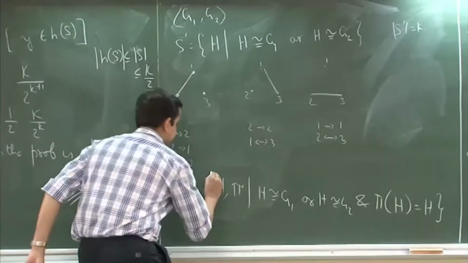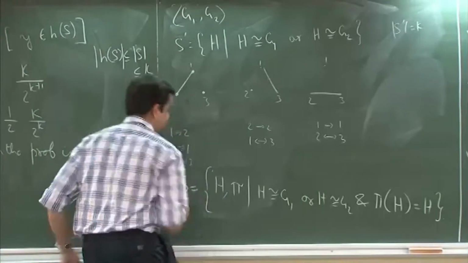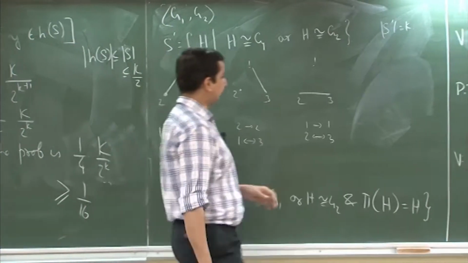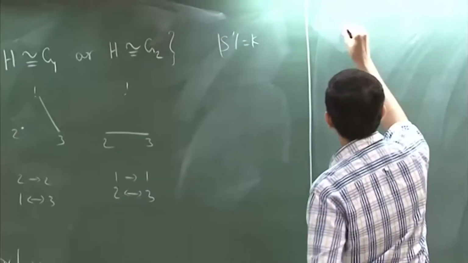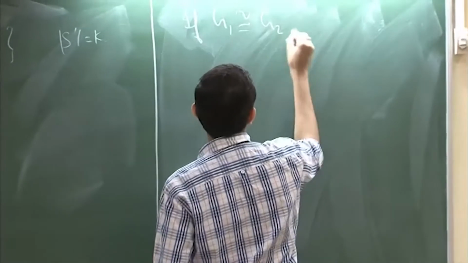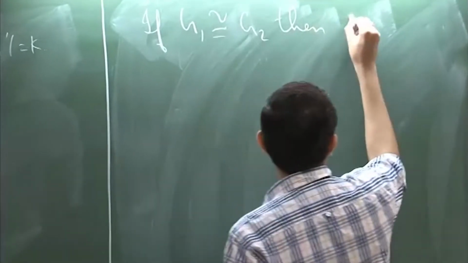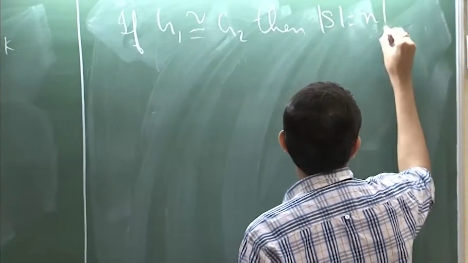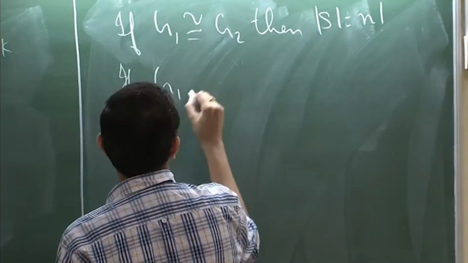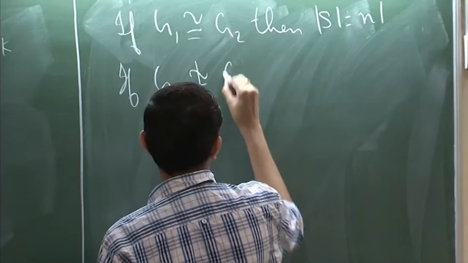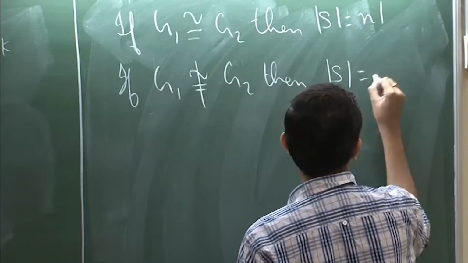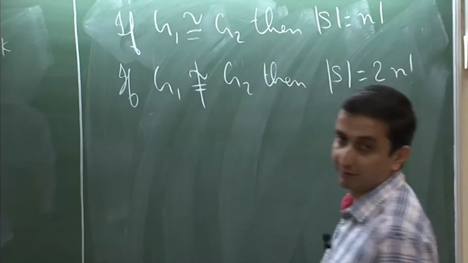So, if I consider this as my set, then what you are claiming is true. Then the size of S is, if G1 is isomorphic to G2, exactly n factorial, and if G1 is not isomorphic to G2, then the size of S is 2n factorial.